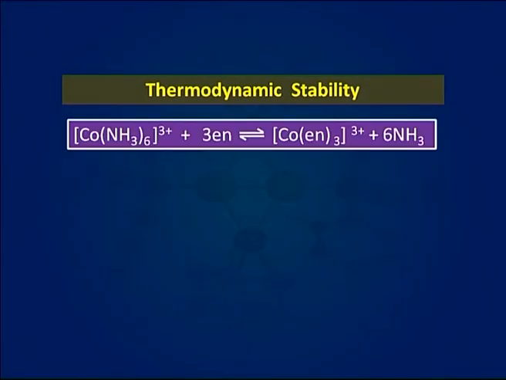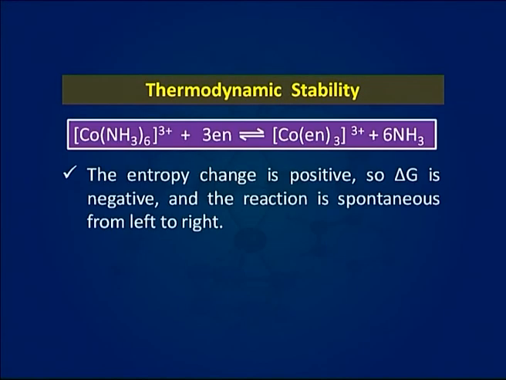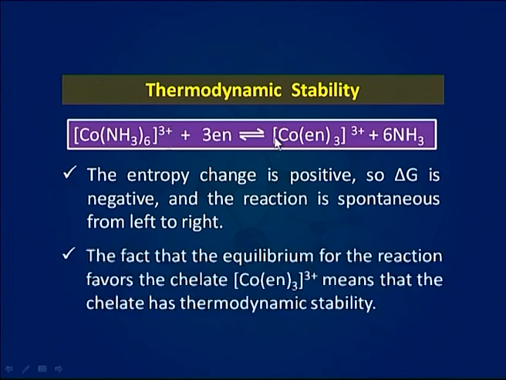So, for this equation, the entropy change is positive, hence ΔG is negative and the reaction is spontaneous from left to right. The fact that the equilibrium for the reaction favors the chelate tris(ethylenediamine)cobalt(III) means that the chelate has thermodynamic stability.